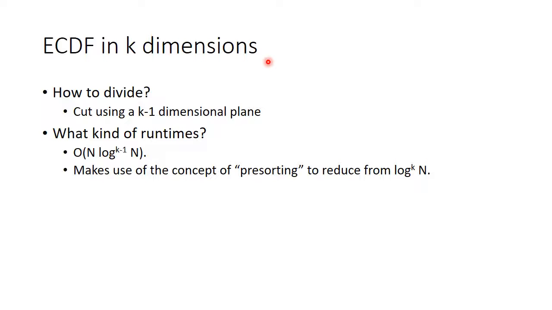And the answer is simply a multidimensional plane on 1 less dimension than the problem you're working with. And that allows you to maintain problems of dimensionality k, while still getting sizes of half the points of the original problem.